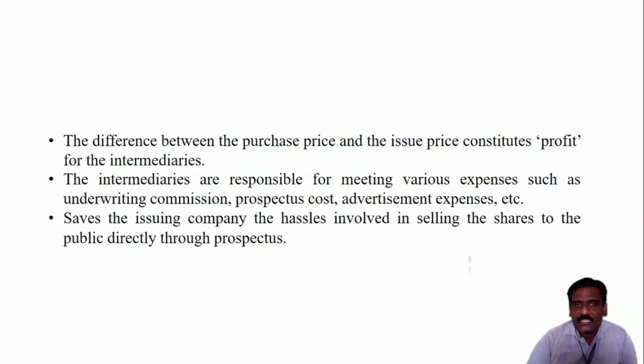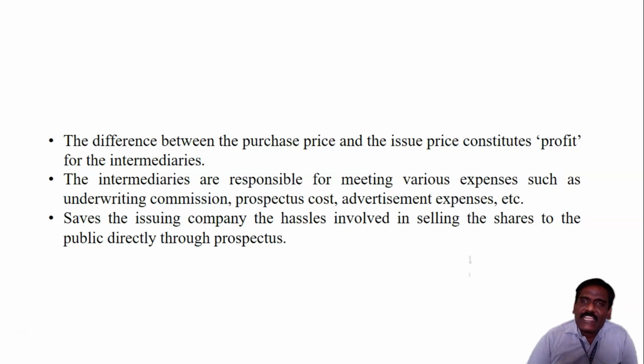For that time period they will wait and sell the securities in the market, and the intermediaries are responsible for meeting the various expenses like underwriting commission, prospectus cost, and advertisement expenses.